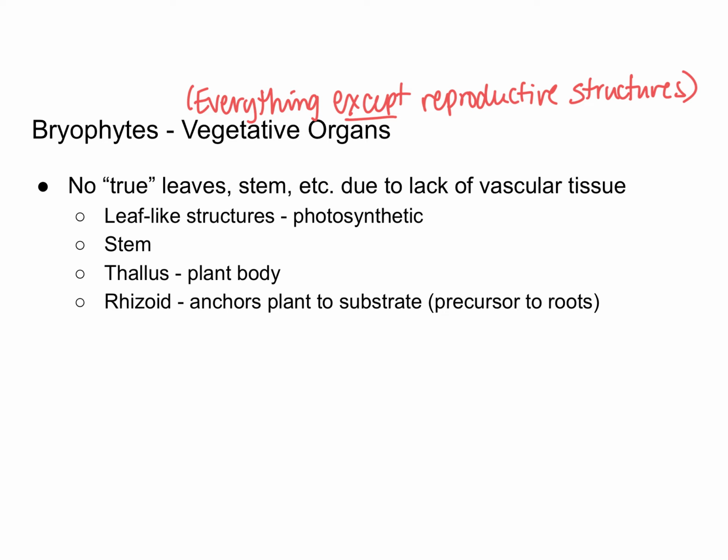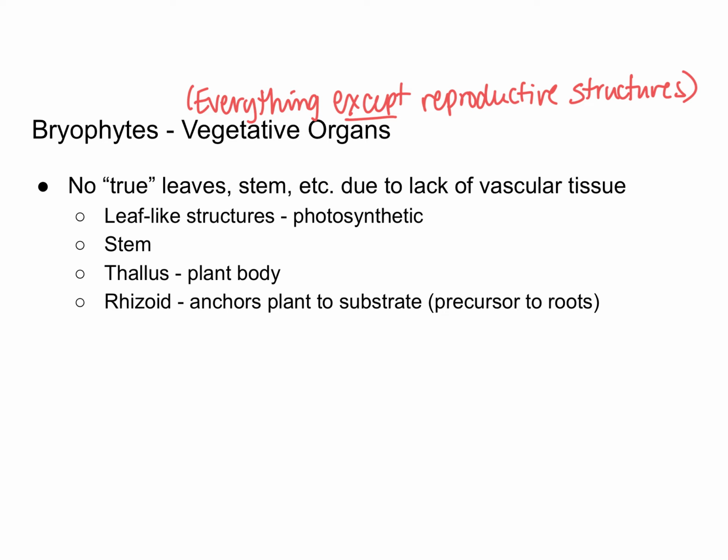So they do have some leaf-like structures where photosynthesis occurs. They have a stem-like structure. They have a thallus, which is also known as the plant body. And then they have rhizoids, and the rhizoid is kind of like a precursor to roots.